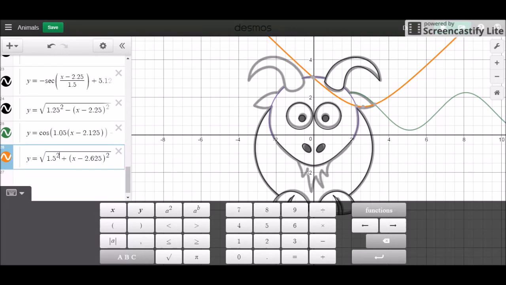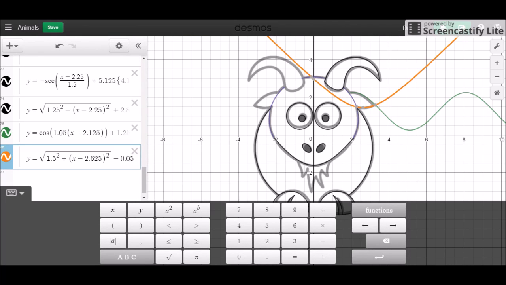I got lucky with this one, and I'm going to subtract like 0.01. That barely made a difference. 0.05 seems to work. Try 0.1. I'll go with 0.1. 0.05 works too.